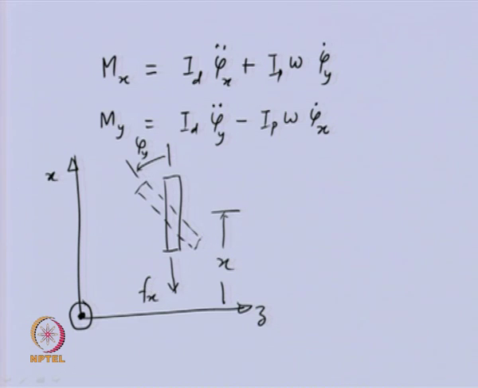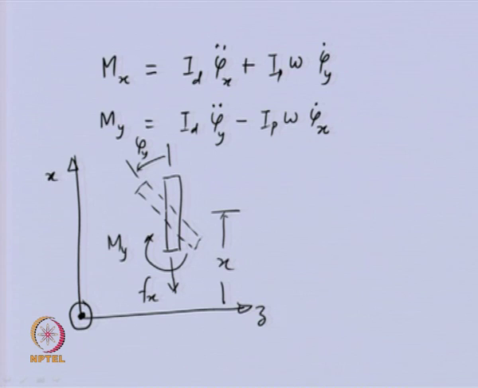Apart from that, we will be having a moment about the y axis opposite to the angular displacement, and this elastic moment is basically the reaction due to all the forces and moments which are acting onto this disc.